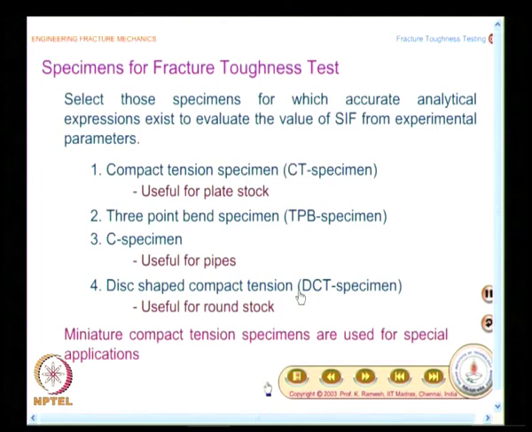You also have miniature compact tension specimens reported for special applications. Mind you, some of these exotic alloys are very expensive. You can't have a big specimen, and we will see the specimen size restrictions. People have also arrived at very small specimens. In fact, if possible, I will bring it in the next class and show you how the specimens look.